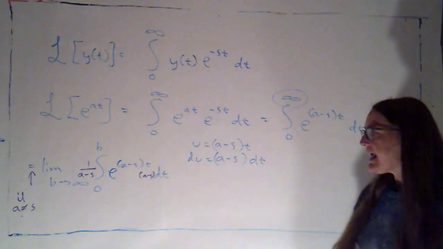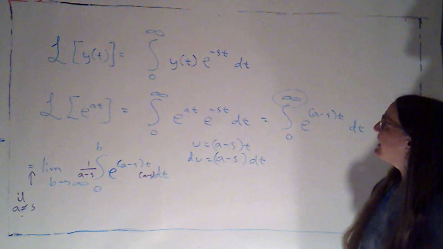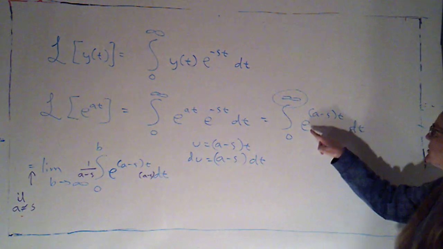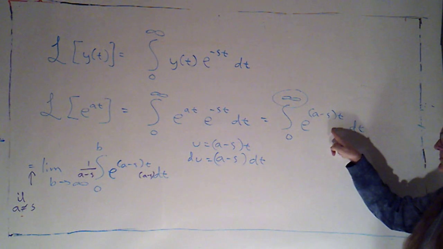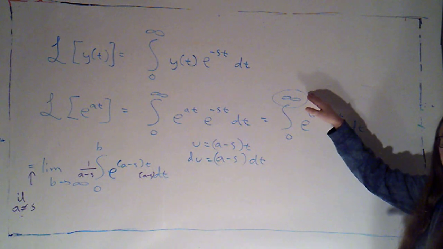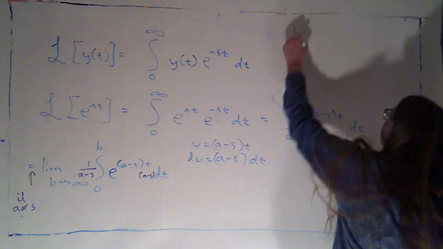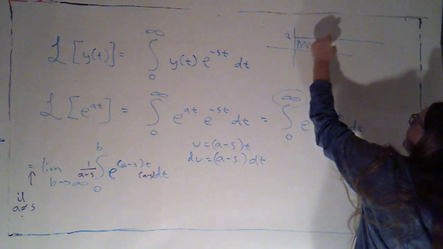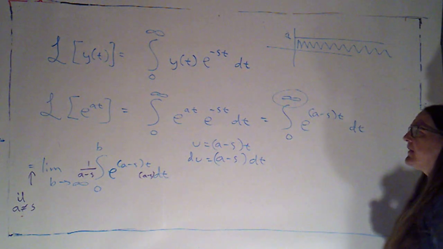If a equals s, then I've got a problem. Actually, if a is equal to s, notice this would just be e to the 0t, which is 1. I'd be integrating 1 from 0 to infinity. Well, if I integrate 1 from 0 to infinity, that's like saying, how much area is there in this infinite strip? That would be an infinite amount of area.